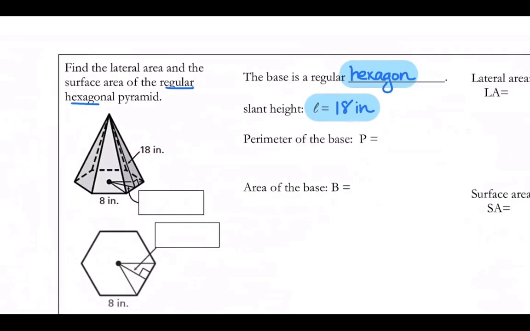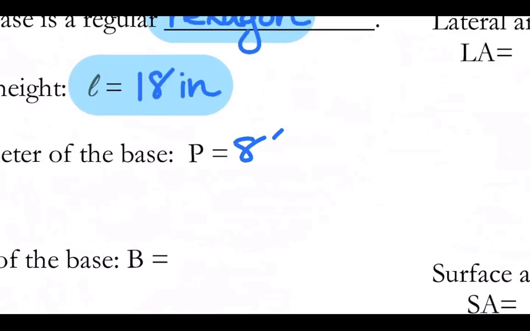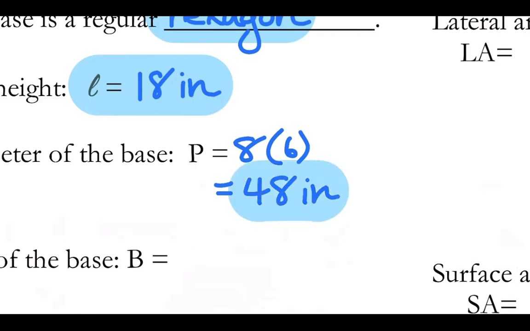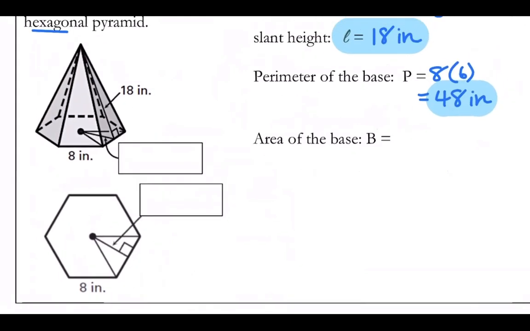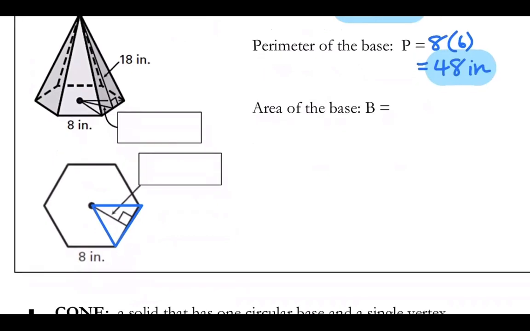Perimeter of the base. Well, it's regular. It's a hexagon, 8 on each side, 6 sides, 48 inches. To find the area of the base, this is a regular hexagon, so we could do the 1/2 apothem perimeter if you want to think about dropping in the altitude there.